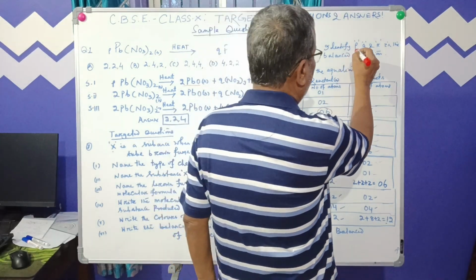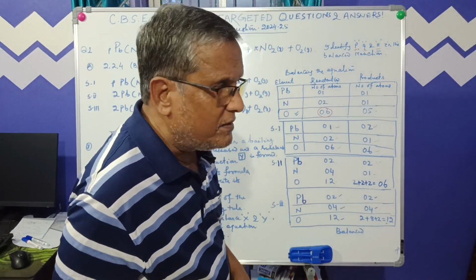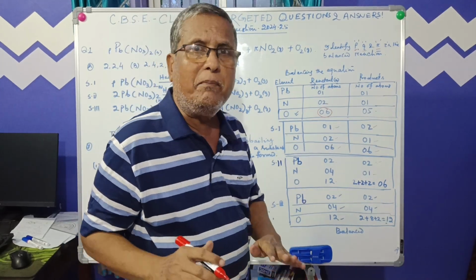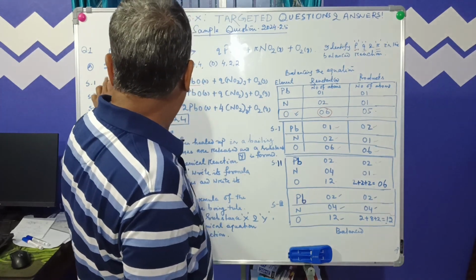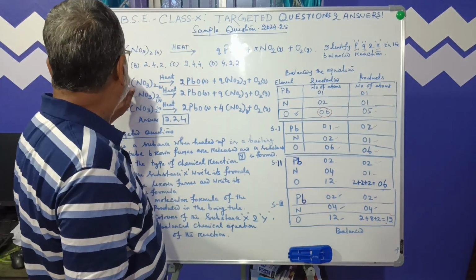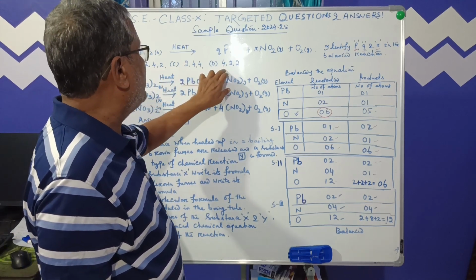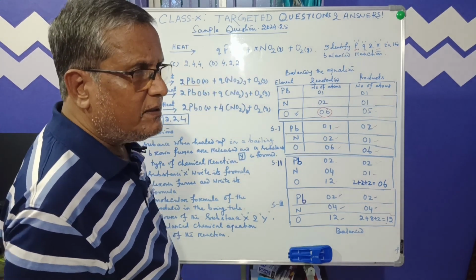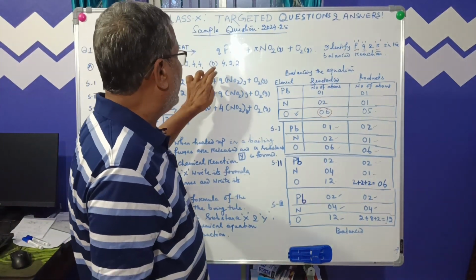We have to find out P, Q and R so that the equation will be a balanced one. So what are the options? 224, 242, 244 and 422. These are the options given in A, B, C and D.